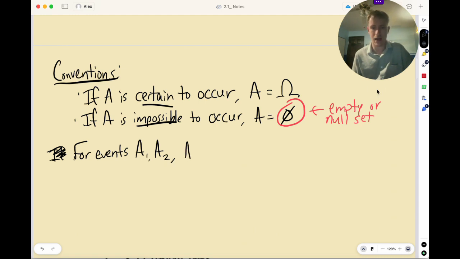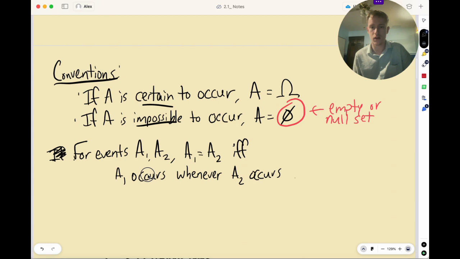Well, we say A1 is equal to A2 if and only if A1 occurs whenever A2 occurs, and the other direction, A2 occurs whenever A1 occurs.